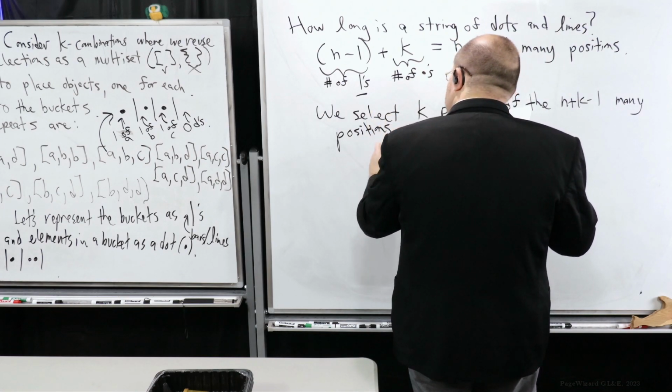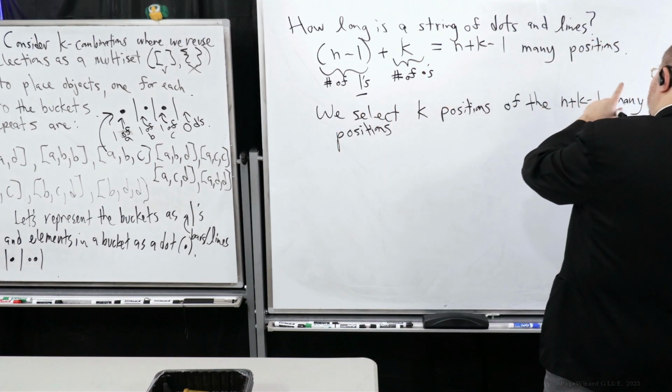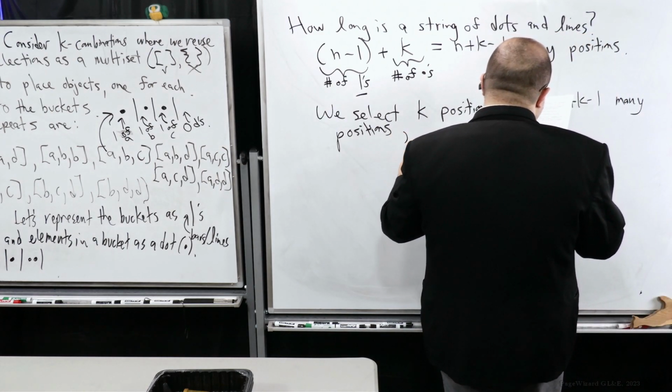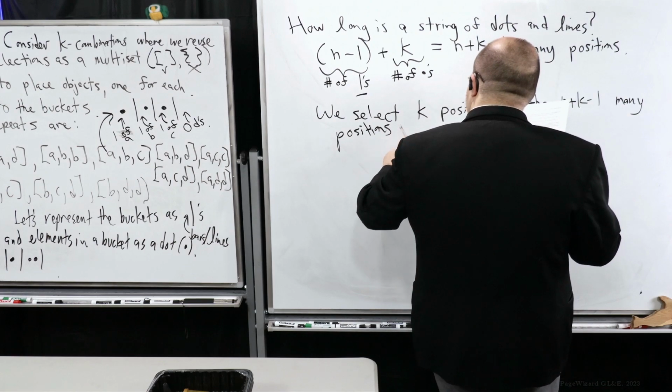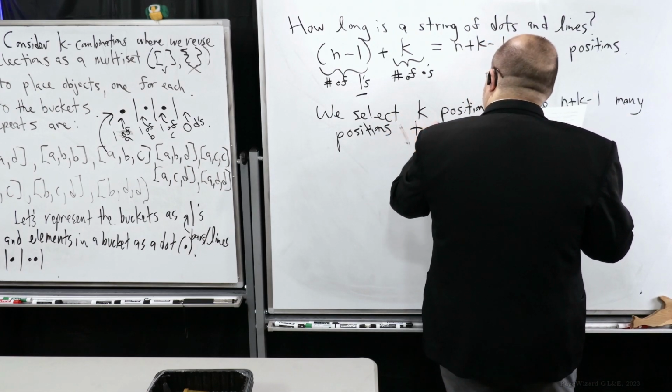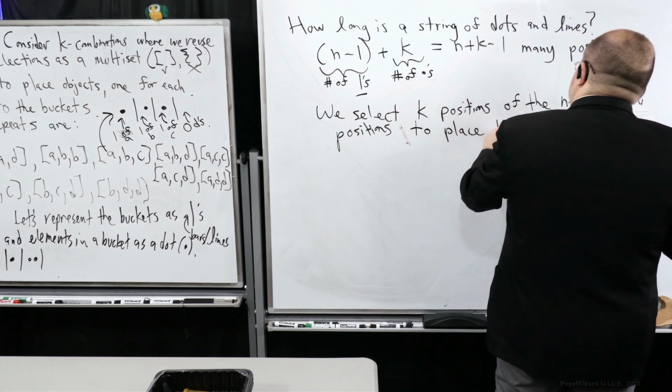So we select k positions of the n plus k minus 1 many positions to place the dots.